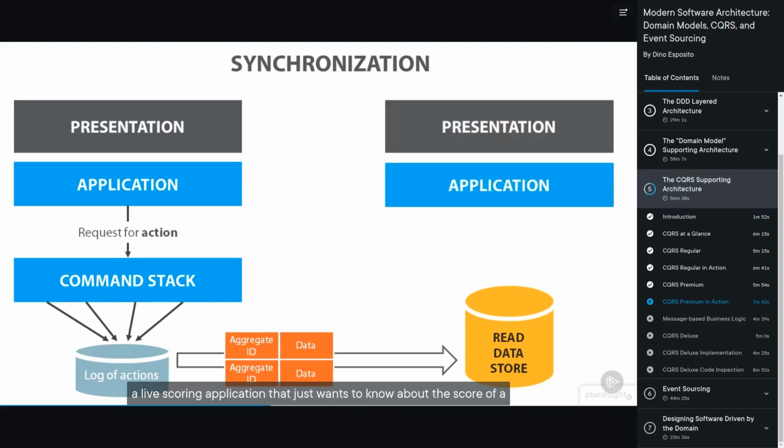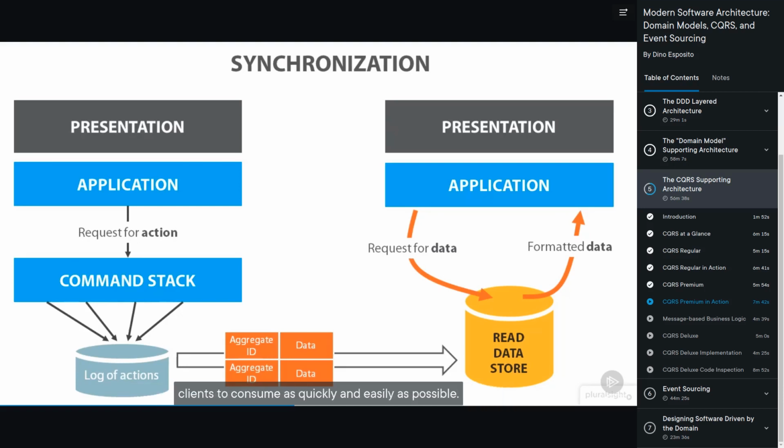For example, a live scoring application that just wants to know about the score of a match and doesn't care about who scored the goals and when. At this point, the read data store is essentially one or more snapshot databases for clients to consume as quickly and easily as possible.